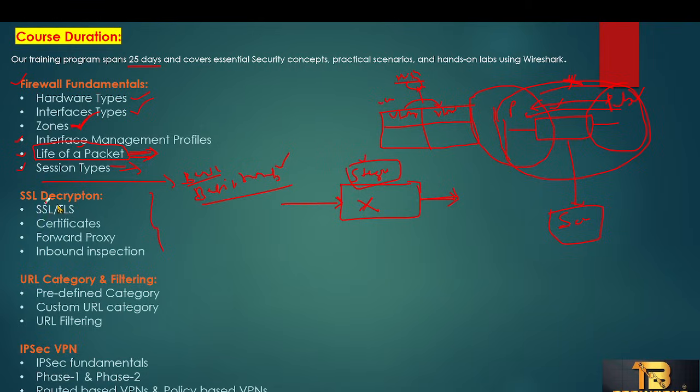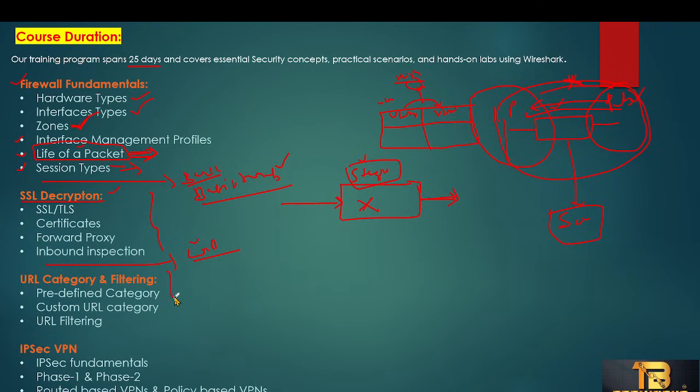What is included in the SSL decryption, what is the purpose of this, what is encryption, what is decryption, what is symmetric encryption, what is asymmetric encryption, and what are the types of SSL decryption, all will be covered in this SSL decryption class. Once this completes, we will be having one real-time scenario with the lab. For every topic, we'll be having one real-time scenario with lab.